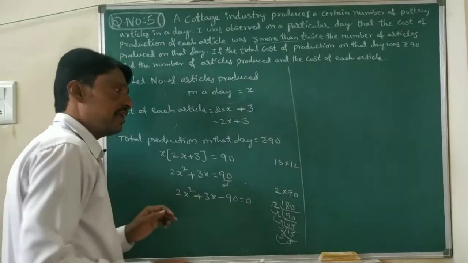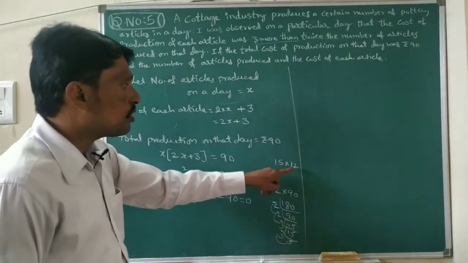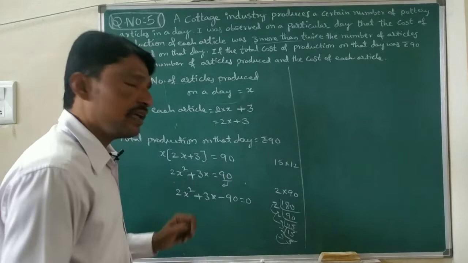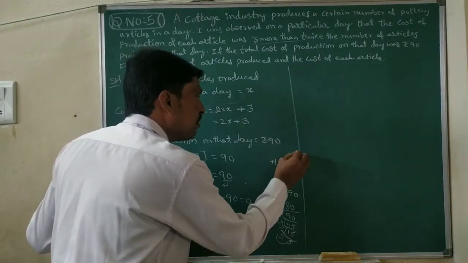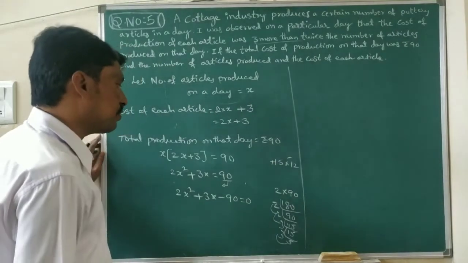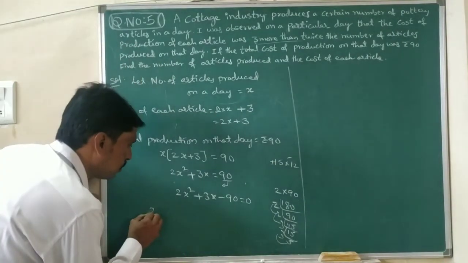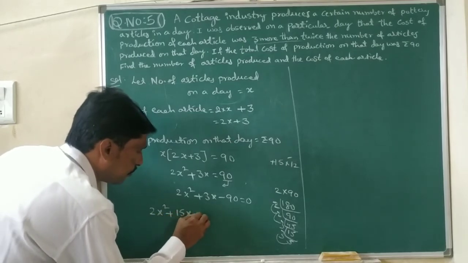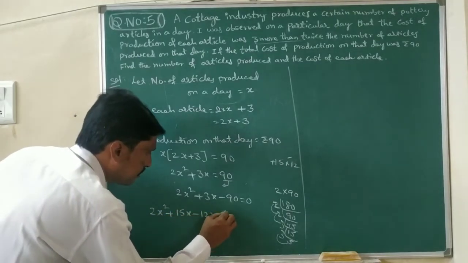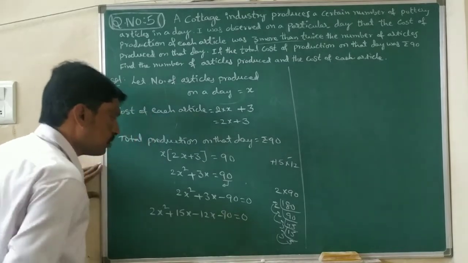But here plus 3 is there. So these two numbers we are subtracting to get plus 3. Subtracting means plus for the bigger number and minus for the smaller number. So we get 2x square plus 15x minus 12x minus 90 equal to 0.